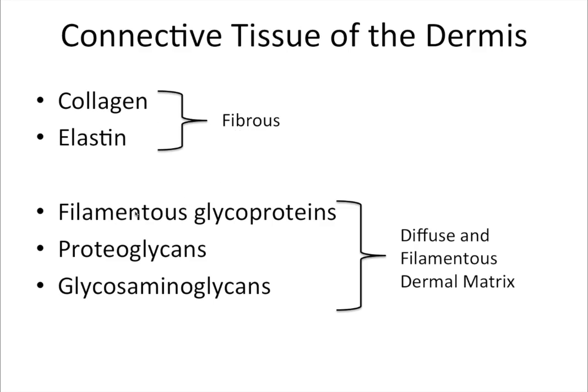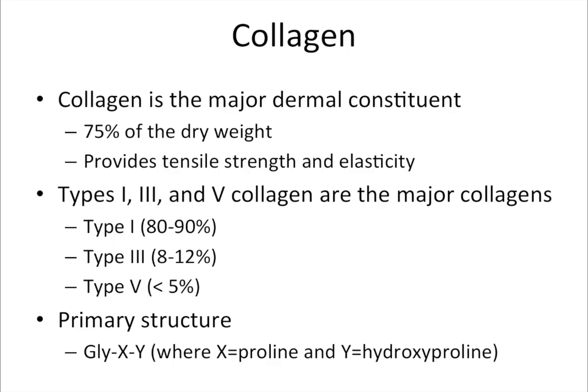And then if we talk about filamentous glycoproteins, and also proteoglycans and glycosaminoglycans, these are both the diffuse and filamentous dermal matrix. So, essentially we have the fibrous proteins that are embedded in a dermal matrix that is composed of diffuse and filamentous components. And hopefully you'll see what I'm referring to in a few minutes.